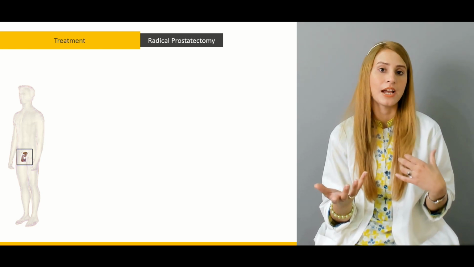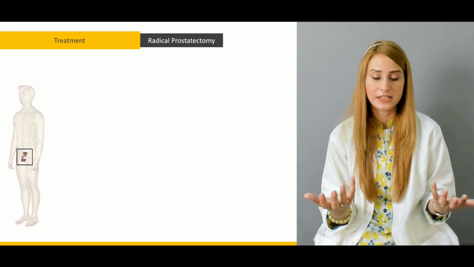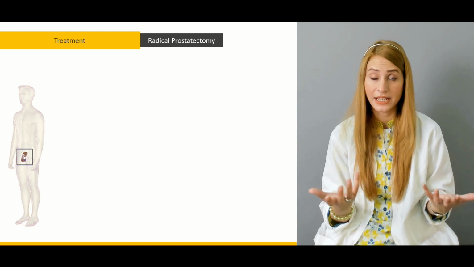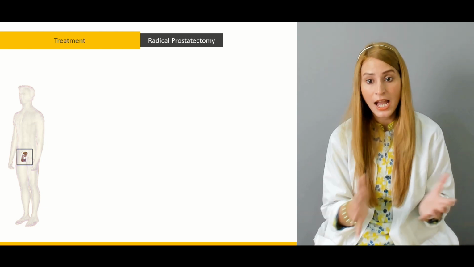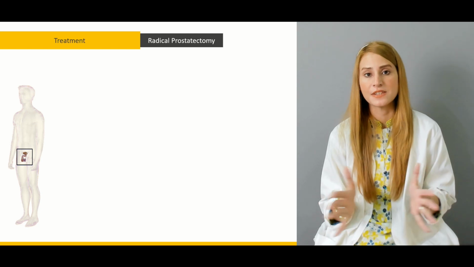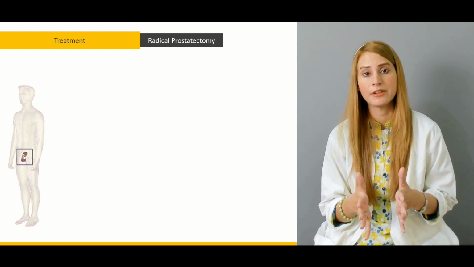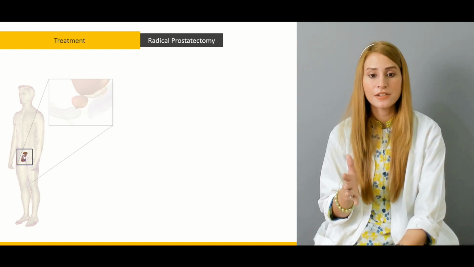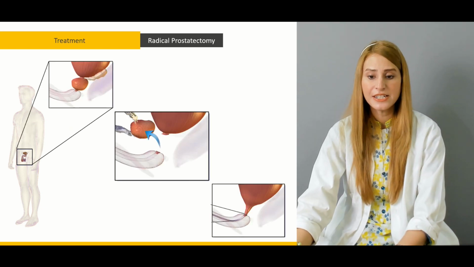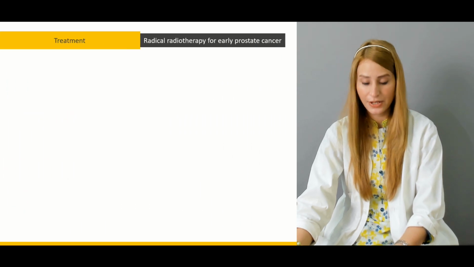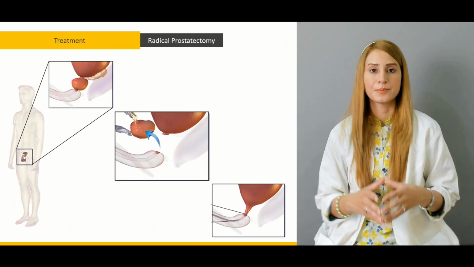It's not conservative, it's curative. But in advanced tumors, the surgery can be palliative, and you combine it with chemotherapy and radiotherapy. You can see in the diagram how you do radical prostatectomy.